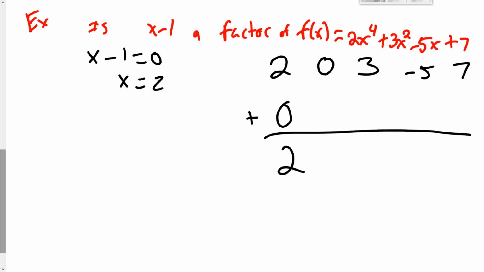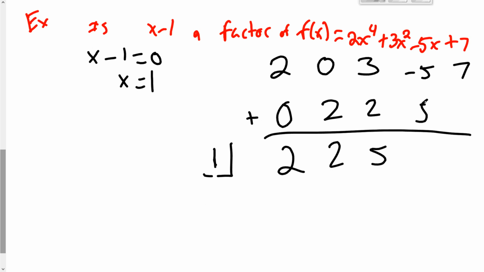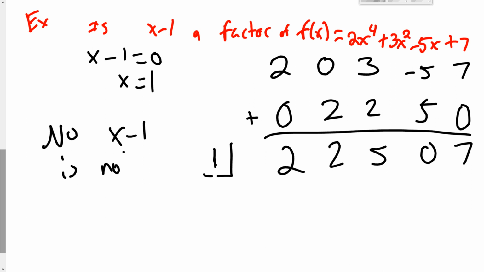What multiplies on the third row is our x, which is 1, so we get 2 times 1 is 2. We get 2 plus 0 is 2. 2 times 1 is 2. We get 5. 5 times 1 is 5. Then we add those, and we get 5 again. 5 times 1 is 5, and we get 7. So no, x minus 1 is not a factor because we didn't get a remainder of 0 at the end.